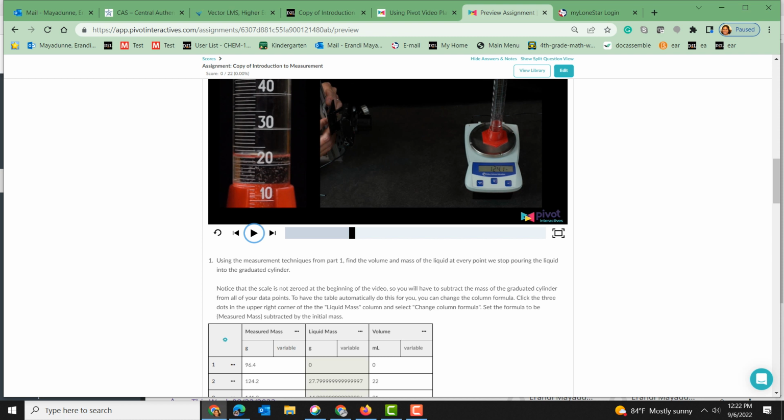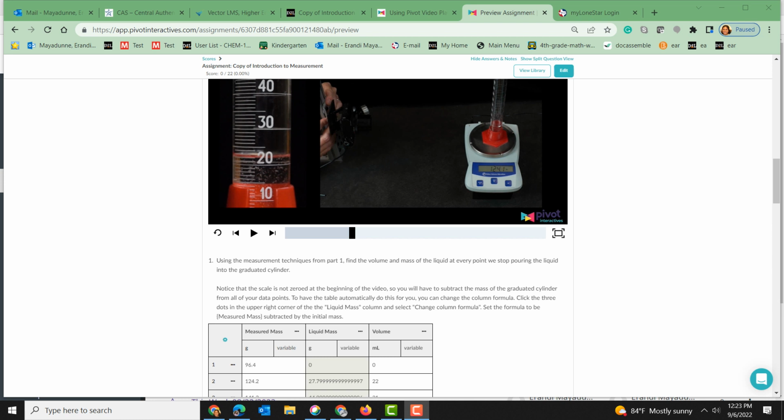You subtract the mass of the measuring cylinder from the total mass, because this 124.1 is the mass of the measuring cylinder and also the water. So to get the liquid mass, you subtract the mass of the cylinder, which comes to 27.79, and the volume is 22.